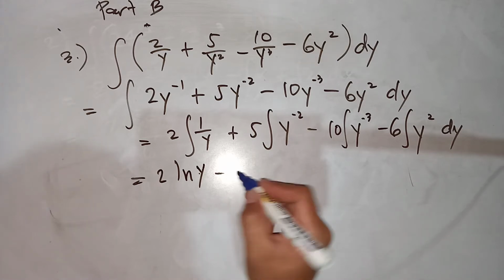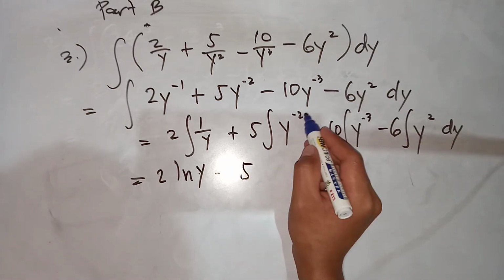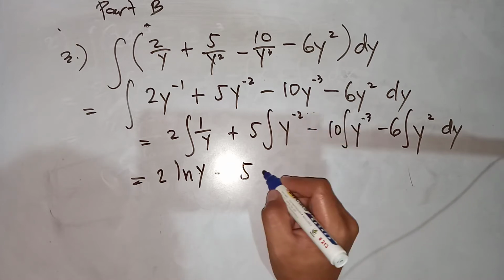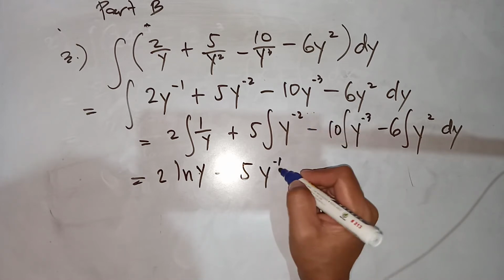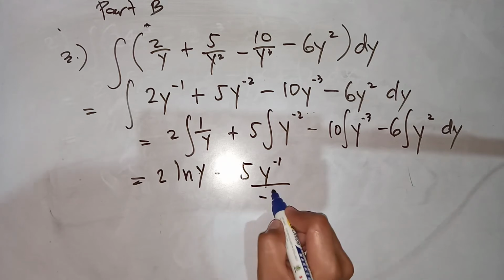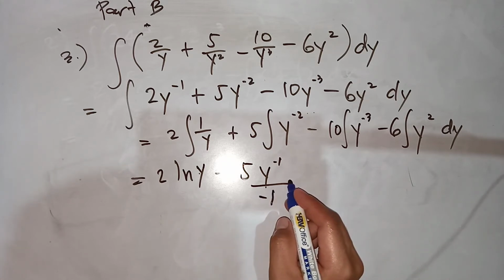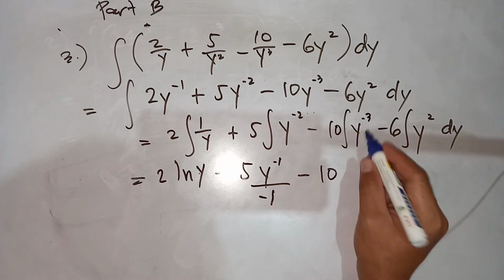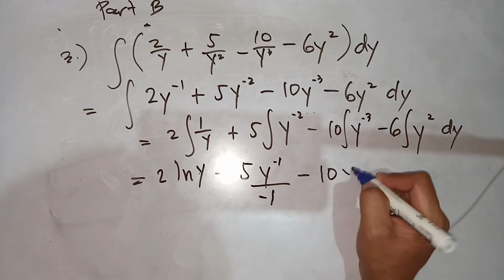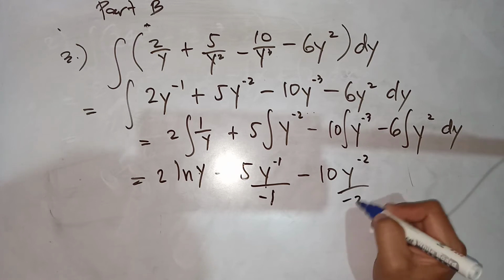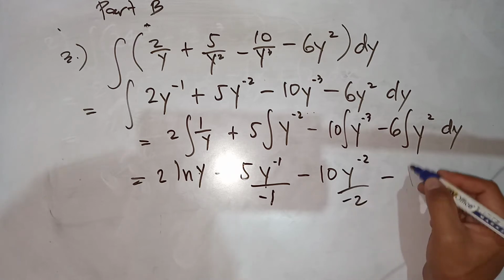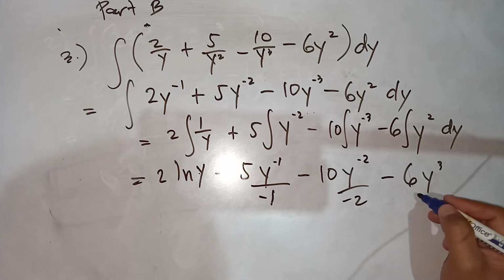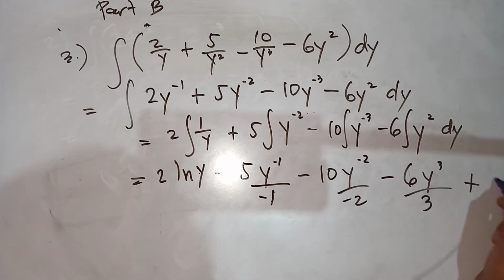Natural log of y minus 5. If we add 1 to this, it becomes negative 1. So this is negative 1 over negative 1 minus 10 plus 1 is negative 2 over negative 2 minus 6 y cubed over 3 plus c.